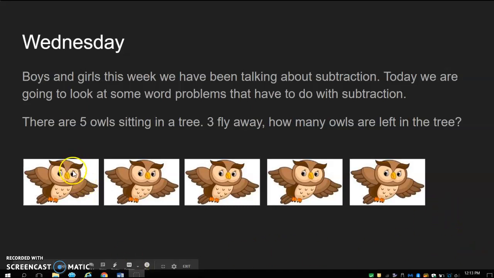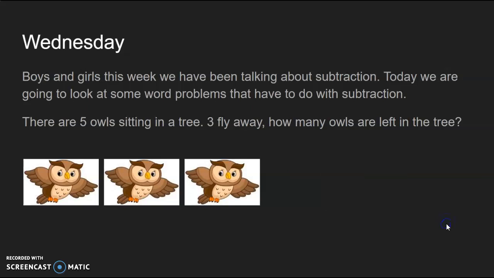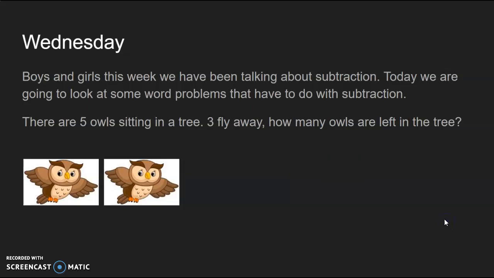So you can see that I have pictures of 1, 2, 3, 4, 5 owls, and then we have 3 that are supposed to fly away. So we're going to make 3 fly away. 1, 2, 3. And then we're going to write an equation for that problem.